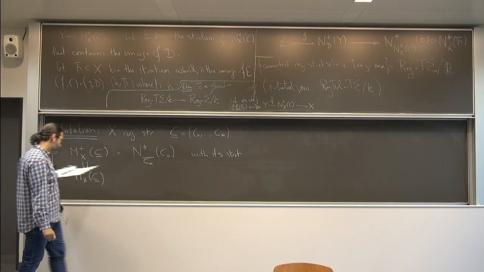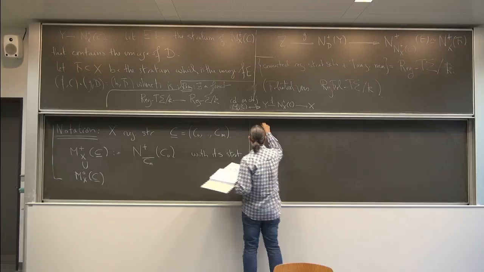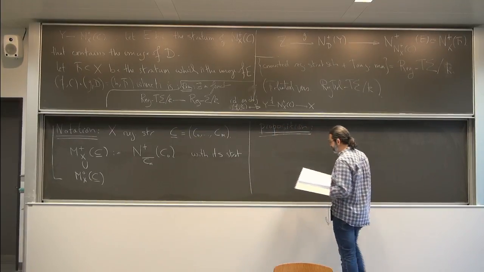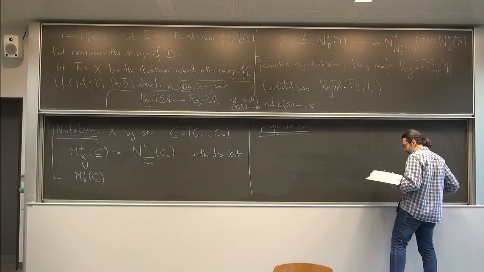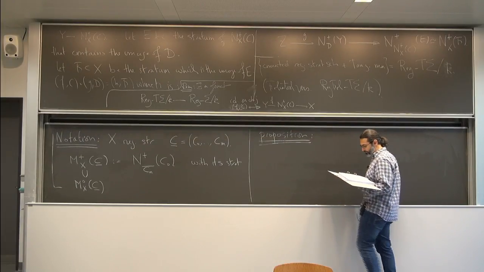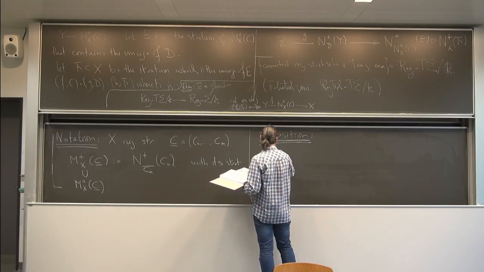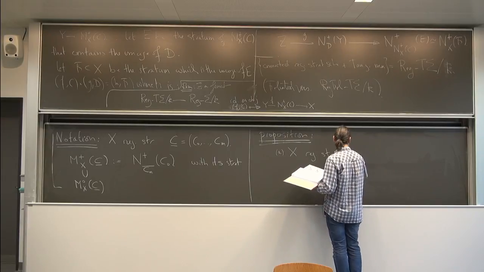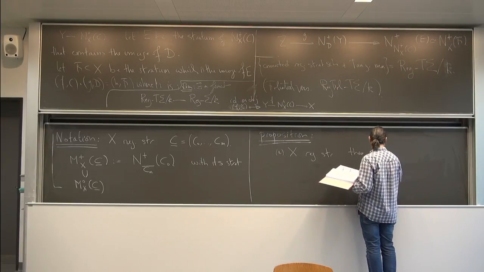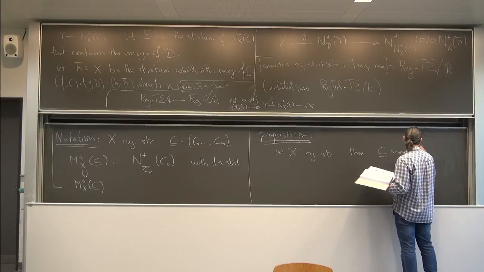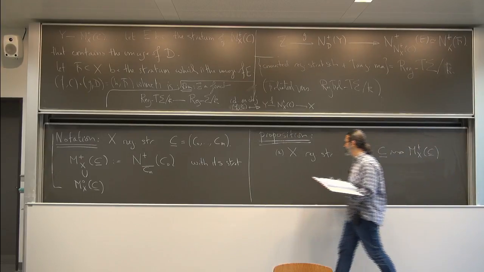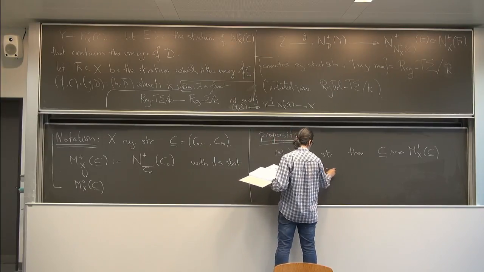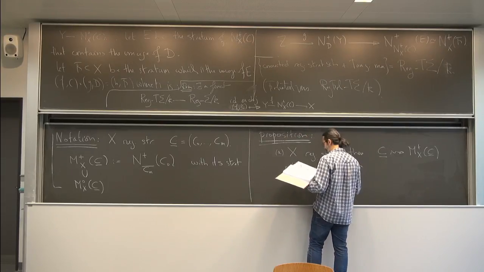This notation. Okay, so why do we introduce this? Because of the following proposition. So there are two parts. Again, X regularly stratified. Then the map from taking a flag to this M plus XC extends naturally into a functor from the category of flags.